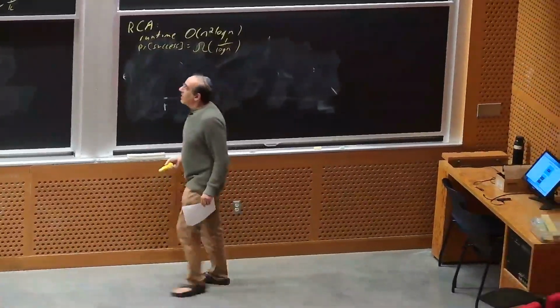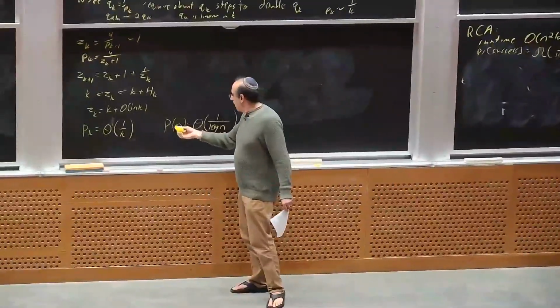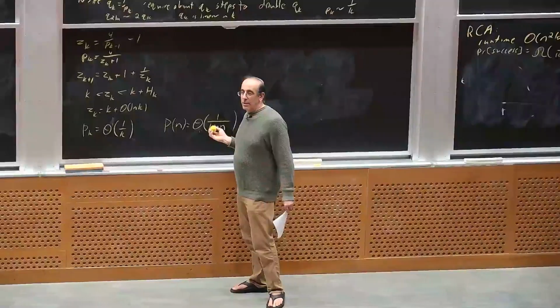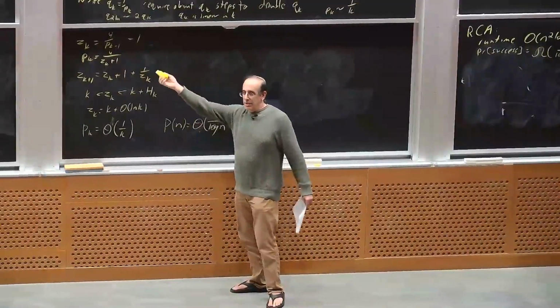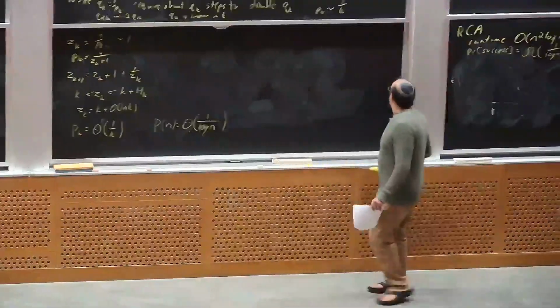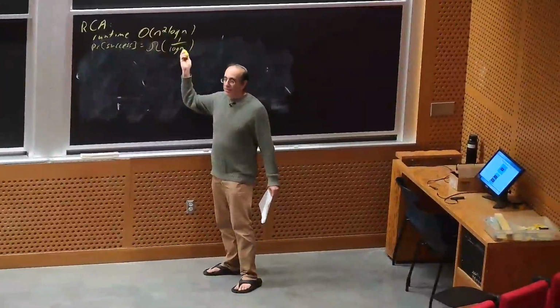I shouldn't actually say theta. The recurrence is theta of 1 over log n, but I was making pessimistic assumptions about the success of the algorithm. So the algorithm might have a much bigger chance of success, but this is a lower bound on it.